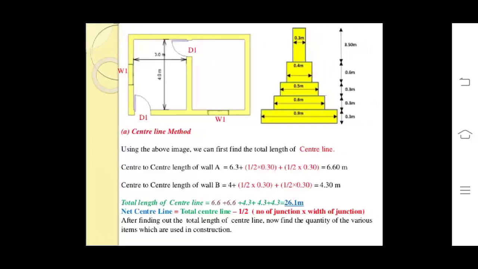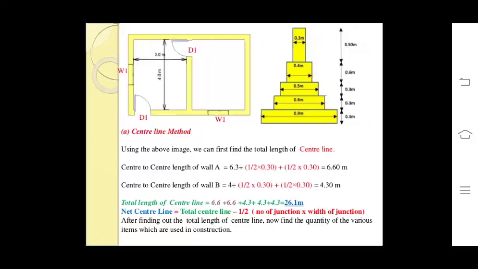By centerline method, this problem can be solved as follows. Using the data given, we have to first find out the centerline length of the total building.